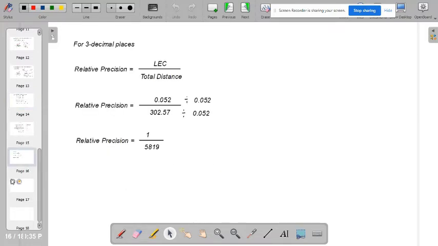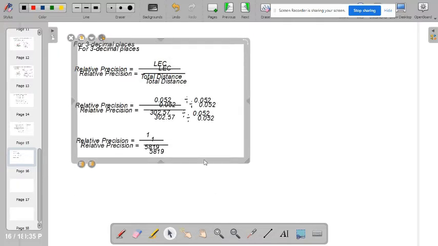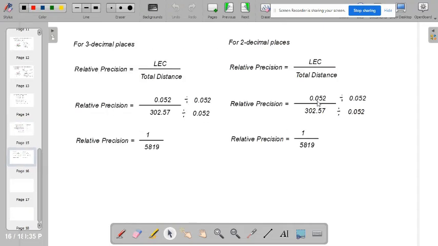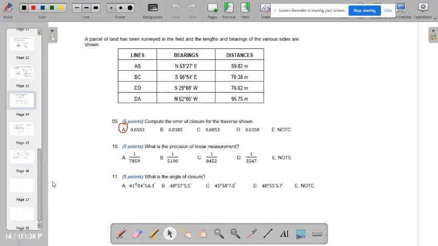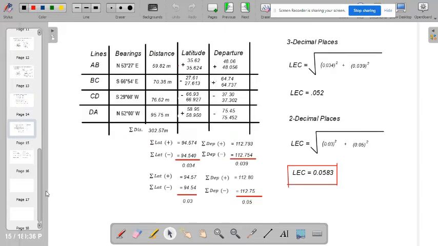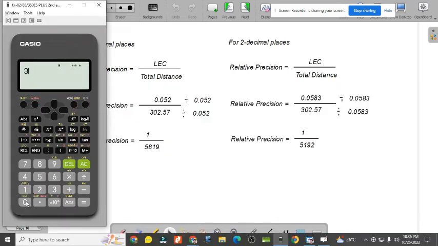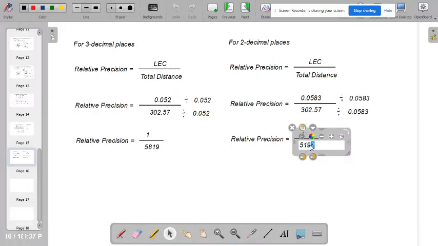Okay, so let's try the two decimal places. Ah, 5189. So it's 5189 or 5190.